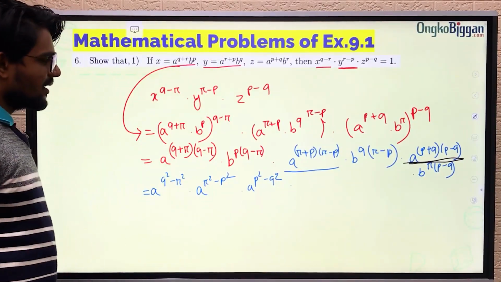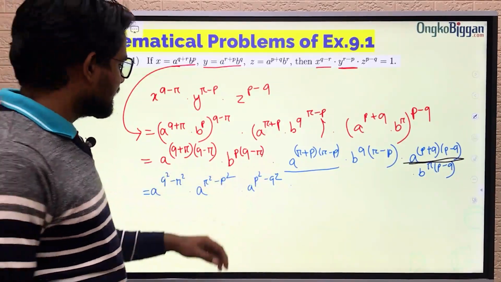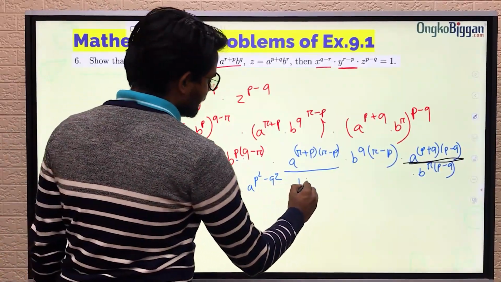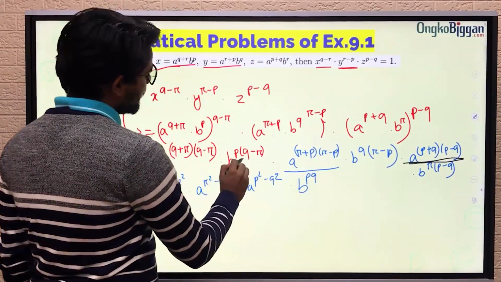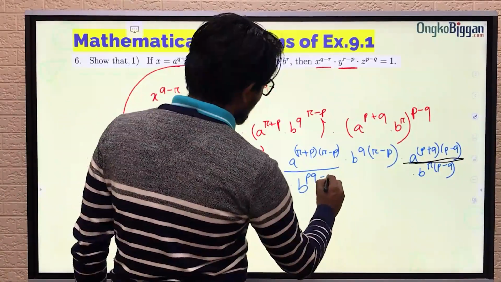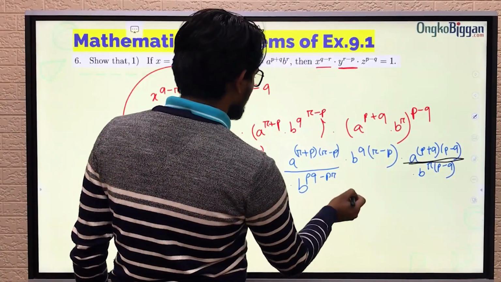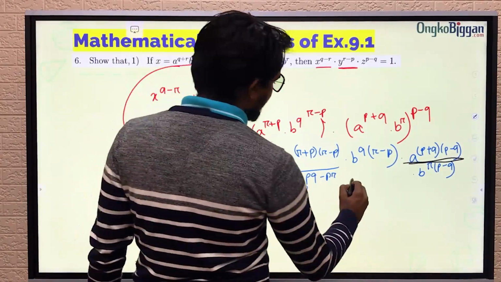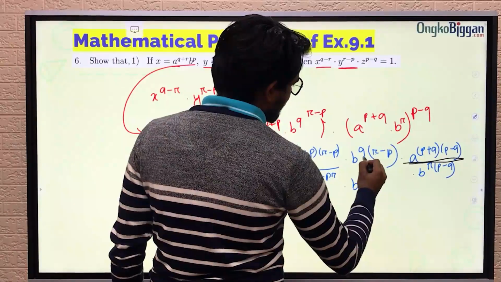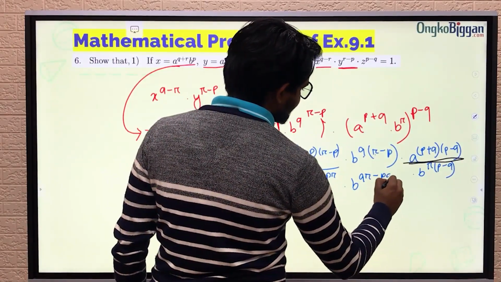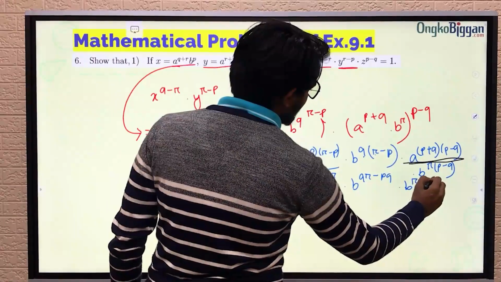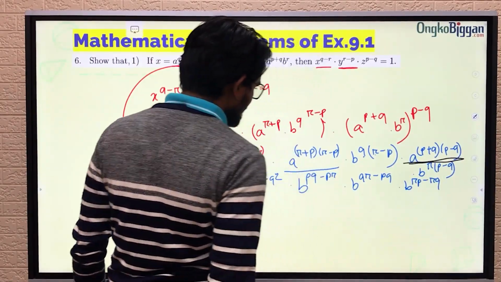And now I'm going to write the b part, that is b, if p into q is pq and p into r is pr, so we can write minus pr. Again, b into q into r is qr and q into p is minus pq, and similarly b into rp minus rq.